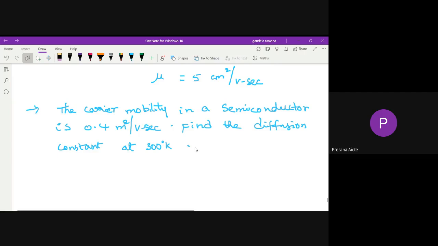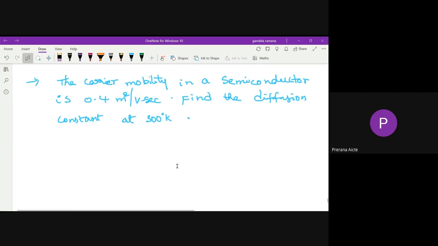Here they have given us the mobility mu, the carrier mobility in a semiconductor. Mu is equal to 0.4 meter square per volt second. We want to find the diffusion constant. Here we don't know whether this is N type or P type.